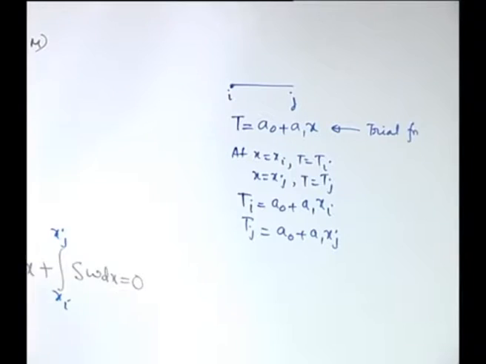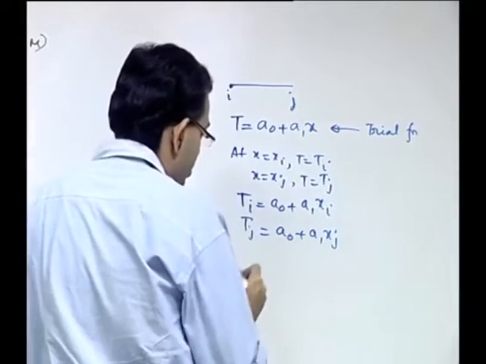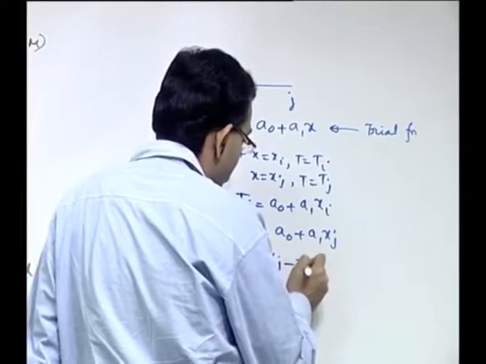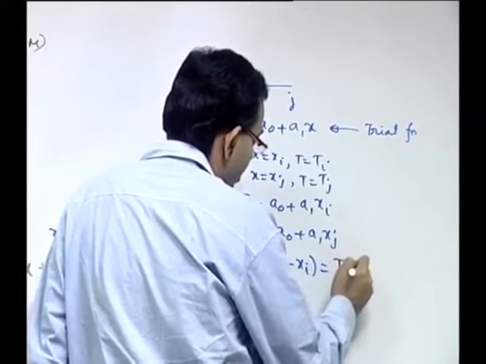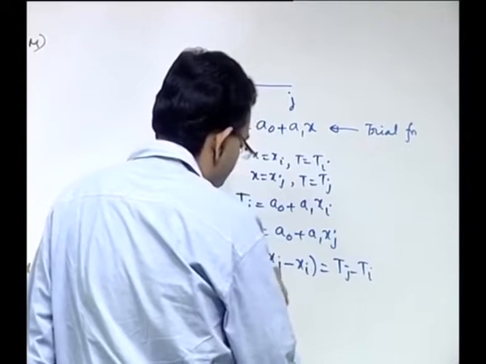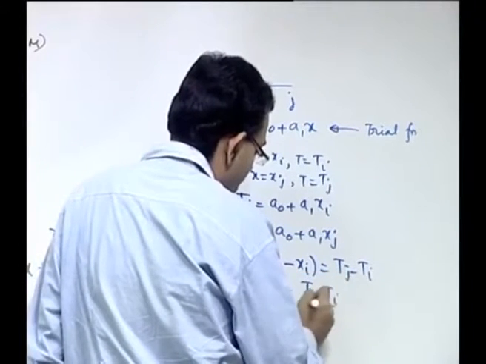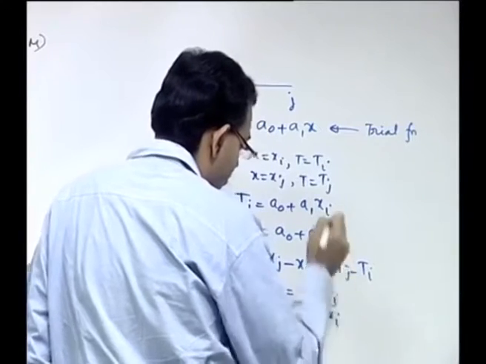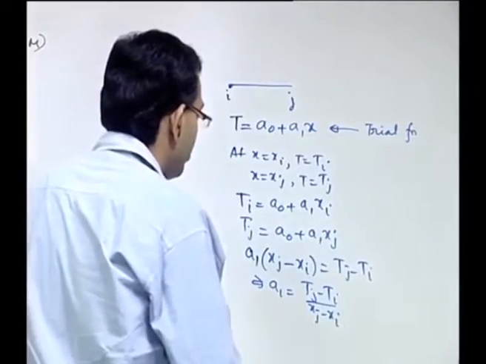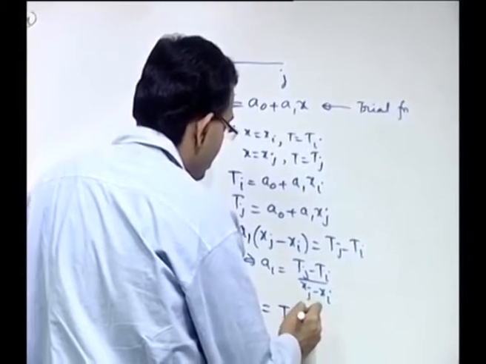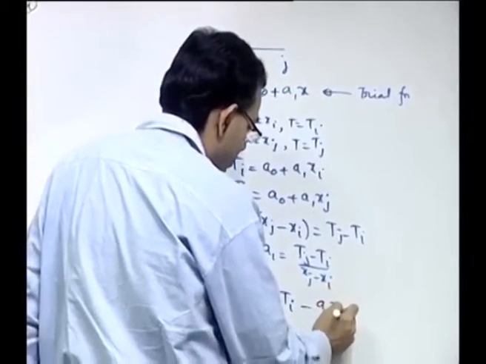So, now you can find out a0 and a1. So, for example, a1, if you subtract these two, a1 into xj minus xi is equal to Tj minus Ti, which means a1 is Tj minus Ti by xj minus xi, and you can find out a0 from any one of the equations. Say the first equation, it is Ti minus a1 xi.